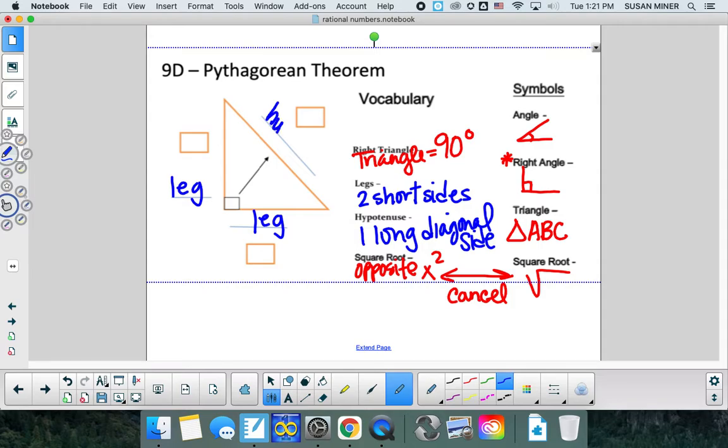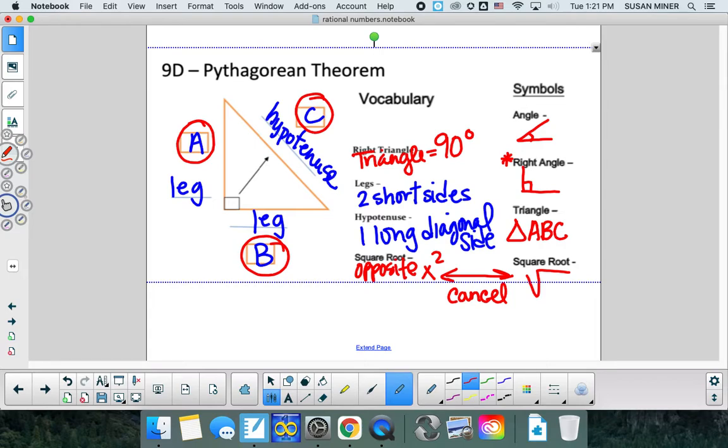The hypotenuse is this side. If this is triangle ABC, we usually use the letter C to denote the hypotenuse, and the letters A and B are used to denote the legs. A and B are kind of interchangeable. It doesn't matter which leg I label A and which leg I label B.